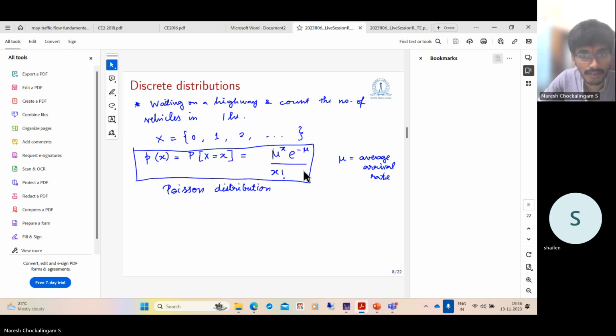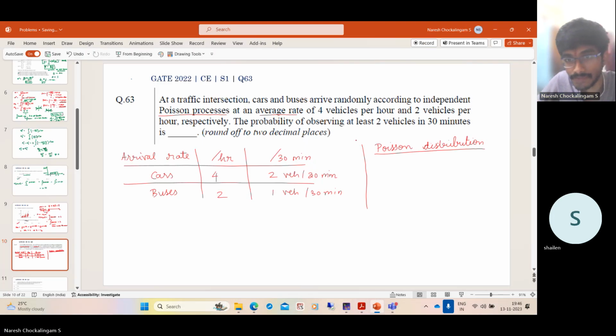If we are waiting on a highway and counting the number of vehicles which are coming, the Poisson distribution relates to the number of occurrences of events, for rare events. So assuming it is at a highway and the traffic is quite low, the arrival of vehicles is modeled by a Poisson distribution.